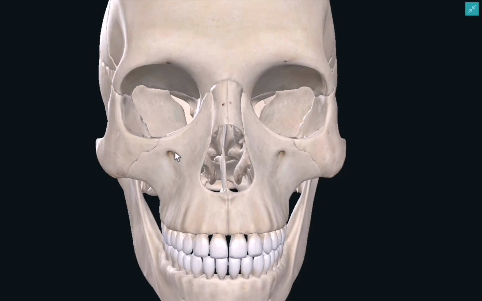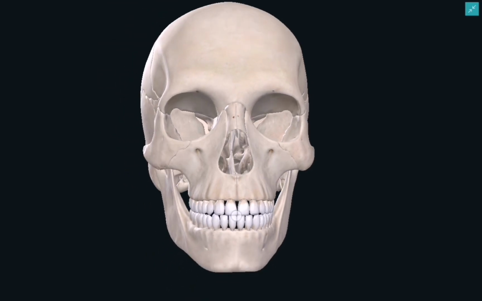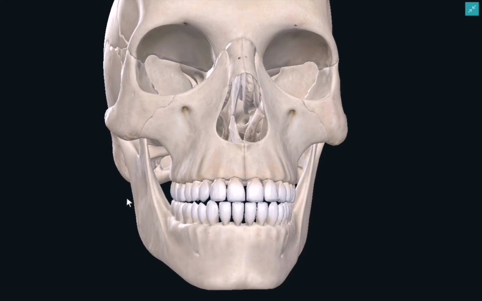Below the orbit is present the infraorbital foramen for the passage of the infraorbital vessels and nerve. And here in the mandible is the mental foramen. Anything related to our chin is called mental. There is the mental foramen for passage of the mental vessels and nerve.